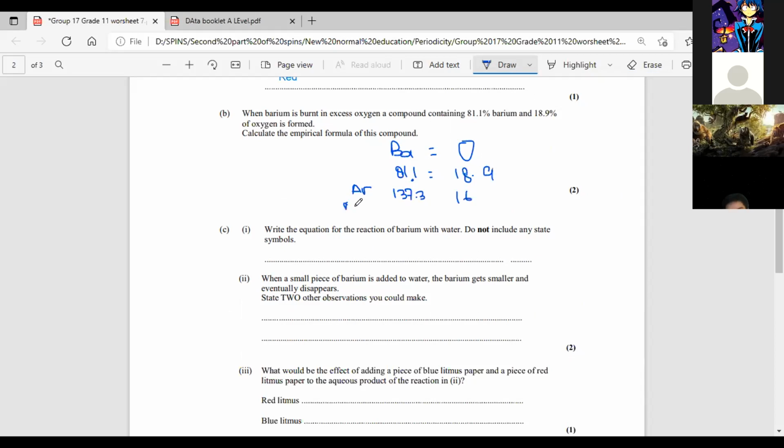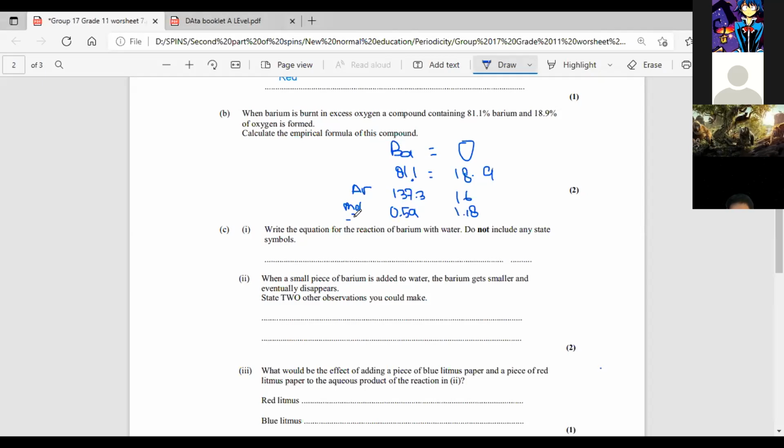So the moles: 81.1 divided by 137.3 is 0.59, and 18.9 divided by 16 is 1.18.